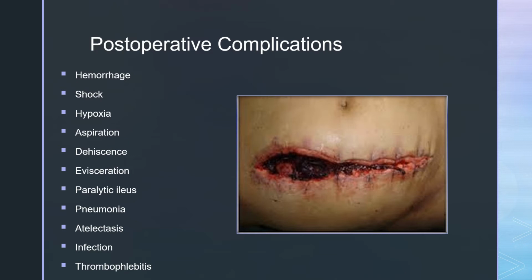The clients that are most at risk for thrombophlebitis are those that have surgery or issues from the hip down, but anyone who has decreased mobility is at risk. We can treat it with anti-embolism stockings or sequential compression devices to help reduce that risk of blood clot formation in the legs.